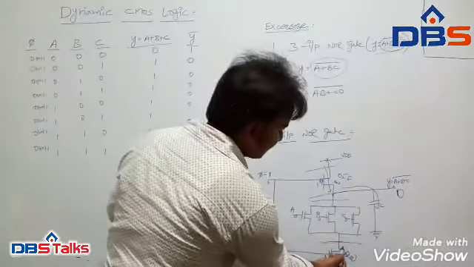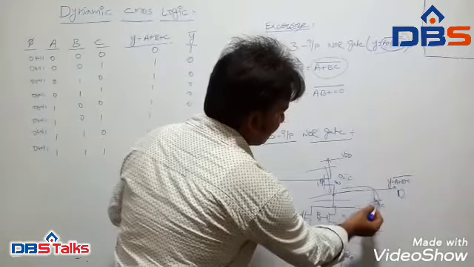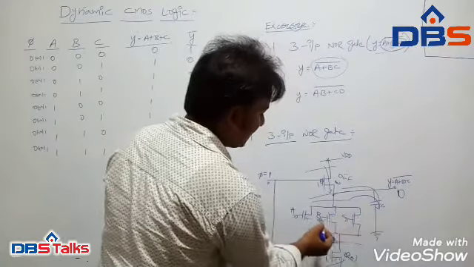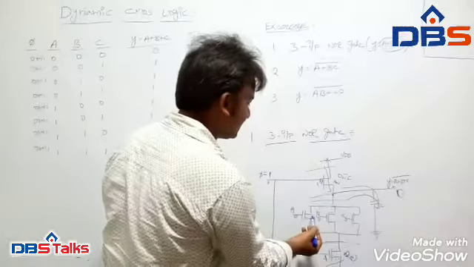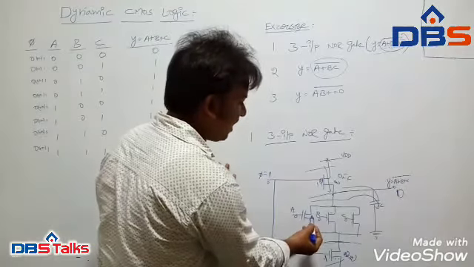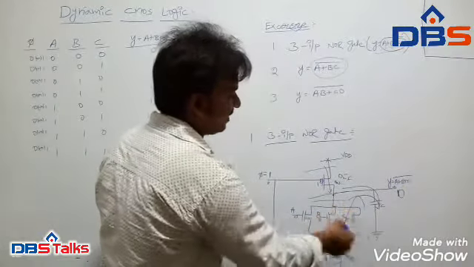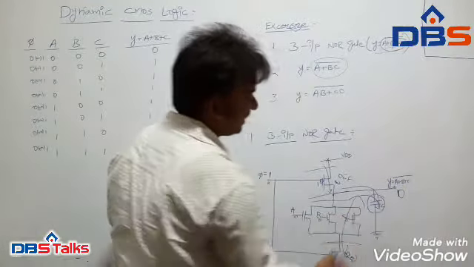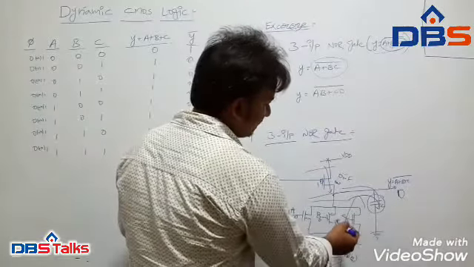Whenever the transistor is on, it will be connected to ground. If any one of the transistors among A, B, C is in on condition, then whatever charge is present across the capacitor will discharge through that transistor.